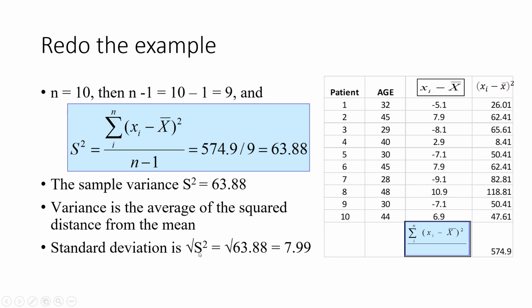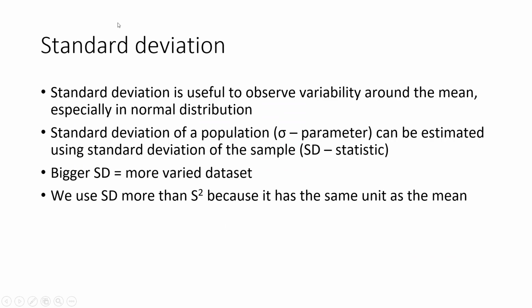So the standard deviation, which is the square root of the variance, is 63.88 square rooted, which will give you 7.99. So this is the standard deviation, which is the main tool that they use to look at variability, especially when you have a normal distribution.